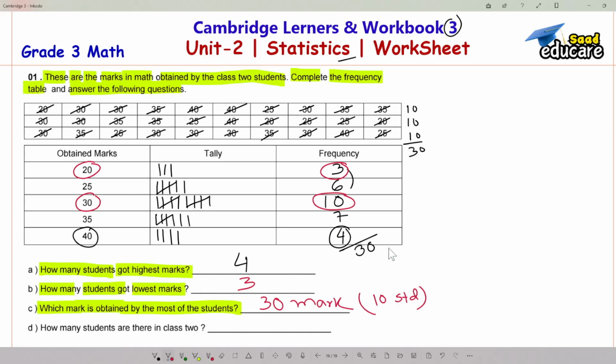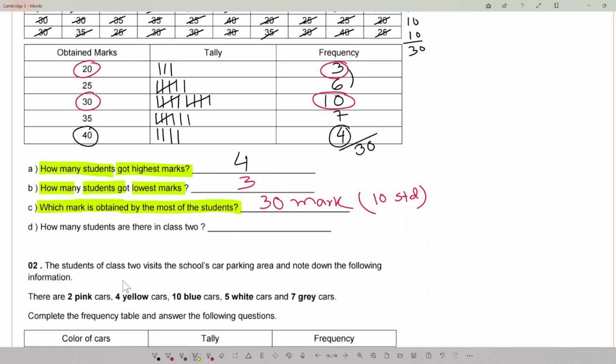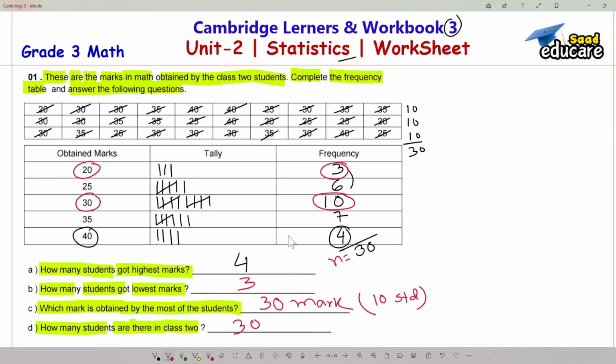Okay. Next question: how many students are there in class 2? We already got the result. The number of students is 30. Okay. So our first question answer, complete the frequency table and answer the following questions, is done.